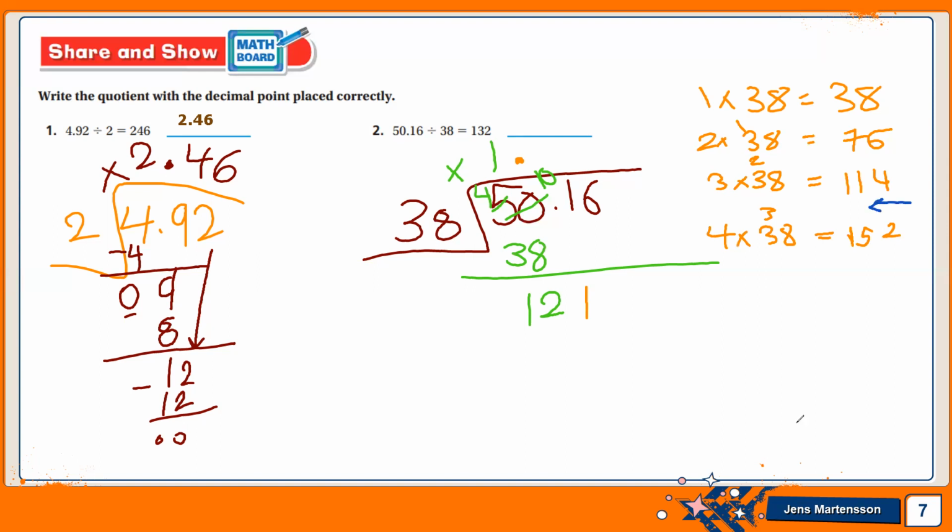Bravo. So what is the number that is less than 121? Less than 121, it's 114 from the orange numbers.